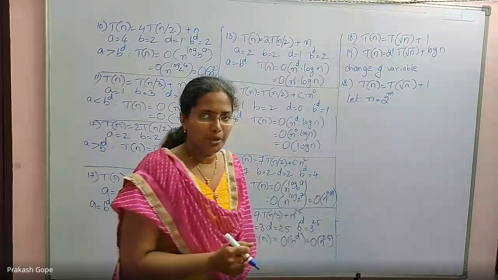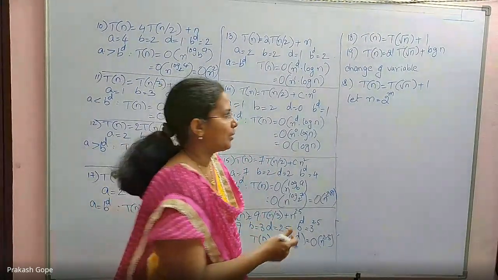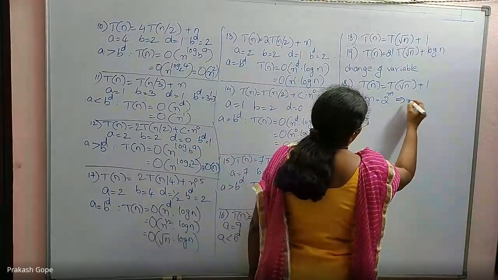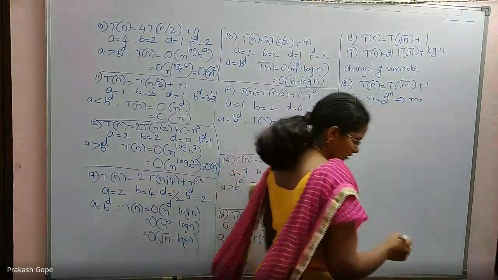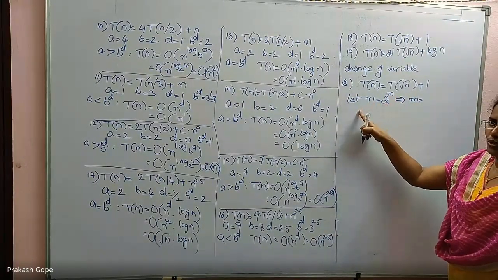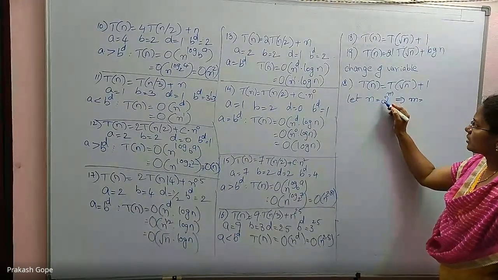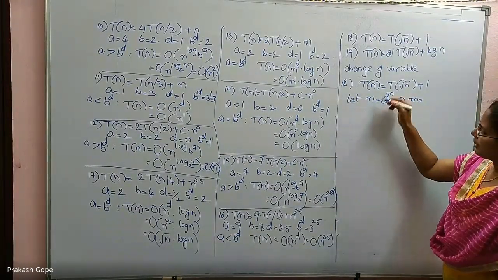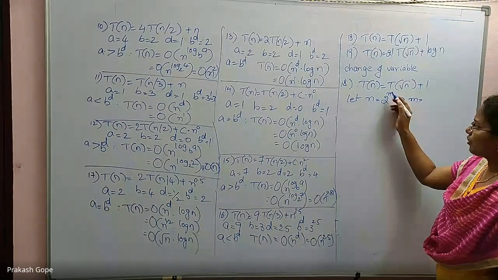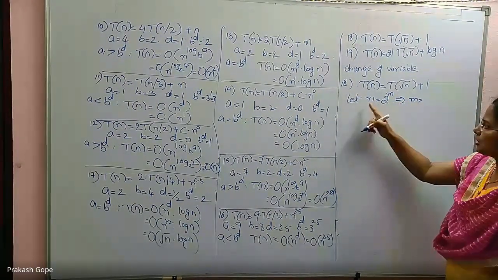I'm changing it to m. That is change of variable. But I am assuming n is equal to 2 power m. Then that implies m is equal to log n to the base 2, correct? If you want, apply log on both sides. This is log n, this is log of 2 power m. M will be in front of log 2 to the base 2 will be 1. So it is equal to m. M means log n.